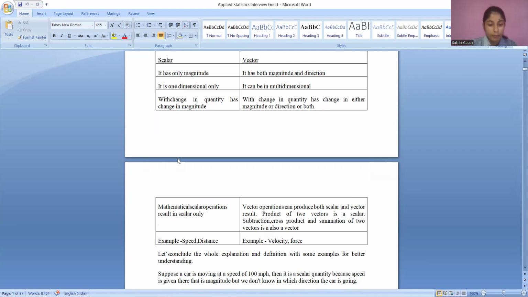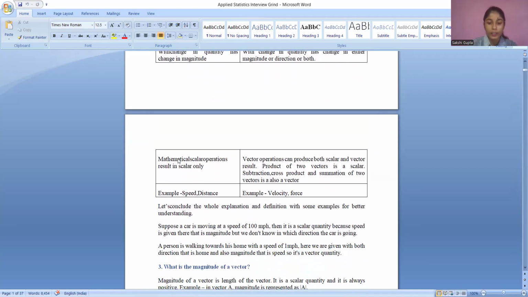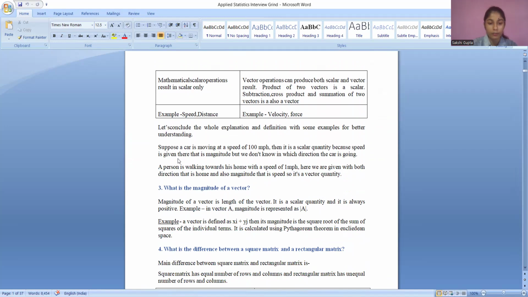In scalars, mathematical operations result in a scalar only, whereas vector operations can produce both scalar and vector results. The dot product of two vectors is a scalar, while subtraction, cross product, and summation of two vectors are also vectors. Examples of scalars are speed and distance, and examples of vectors are velocity and force.